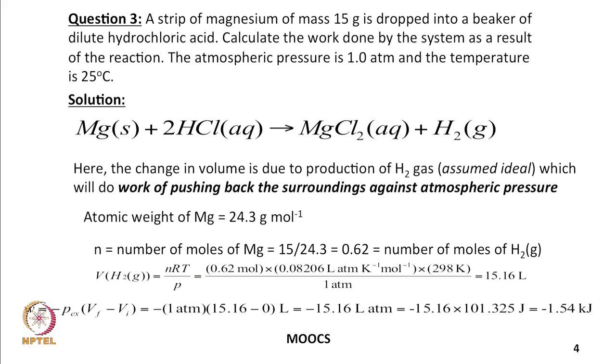And once again, let us appreciate the meaning of the negative value. Negative value means the work is done by the system, and obviously the work is here done by hydrogen gas, as mentioned there, that it does the work of pushing back the surroundings against the atmospheric pressure.